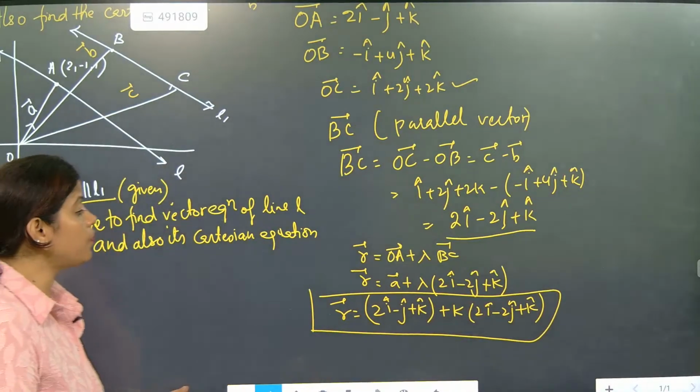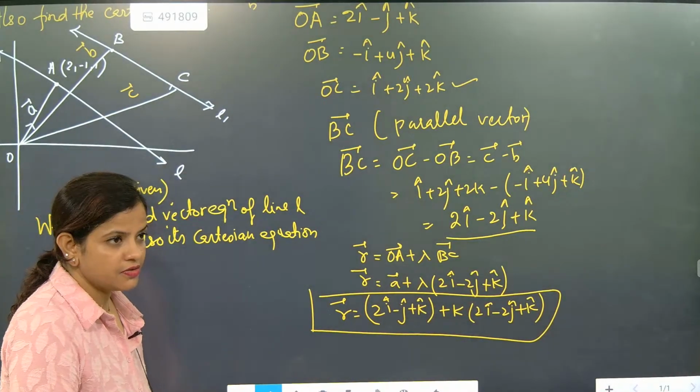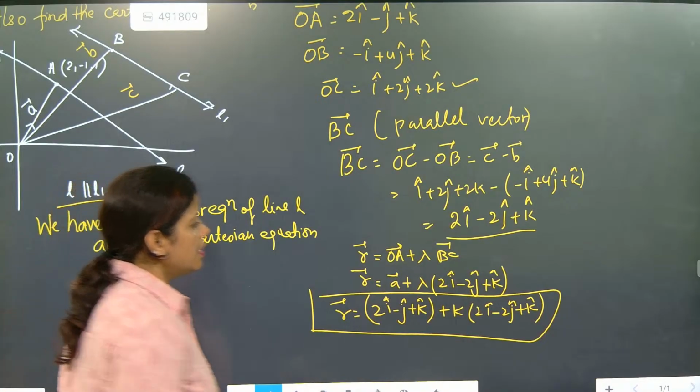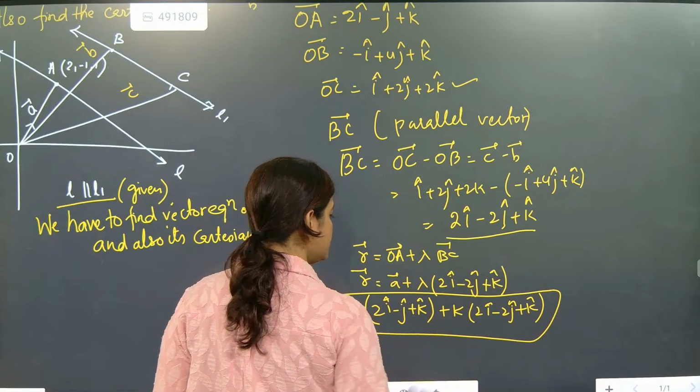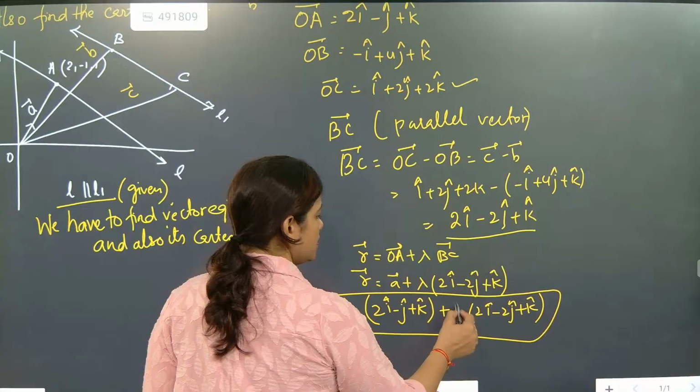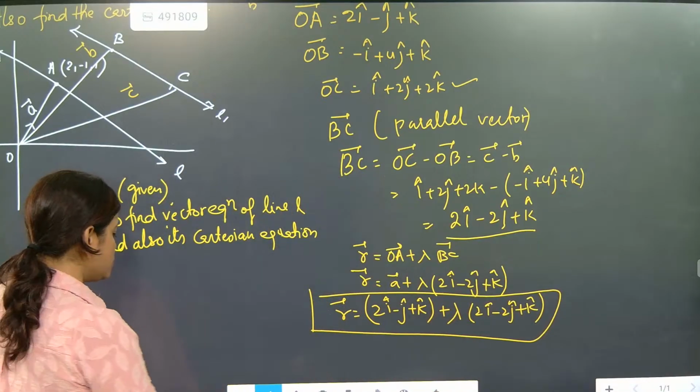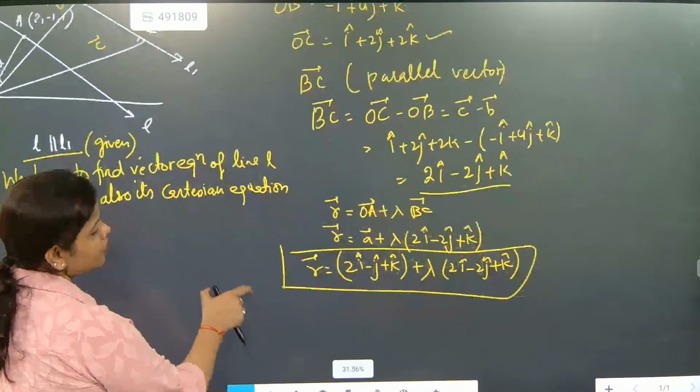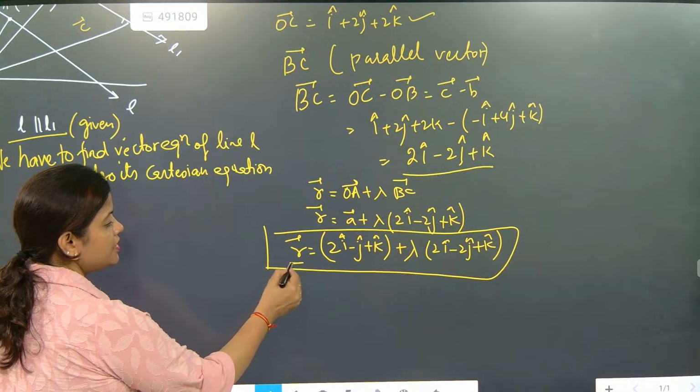But we need to find what? We need to find the Cartesian. Okay, we forgot lambda. So this is coming as lambda. Once we have written till here, now we need to split this into Cartesian.